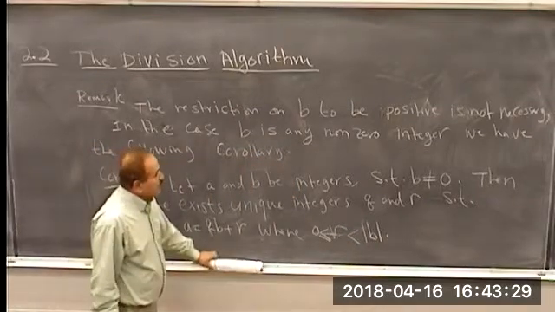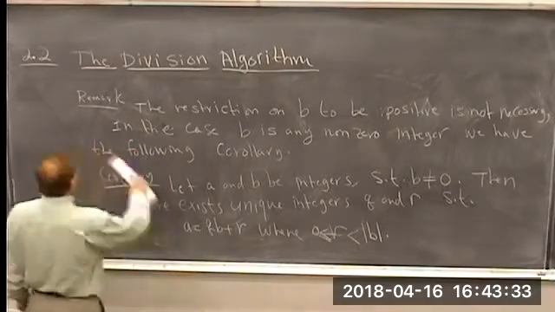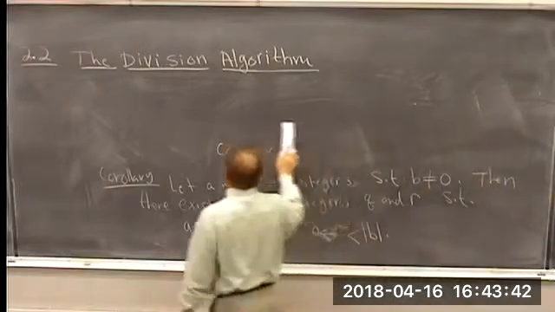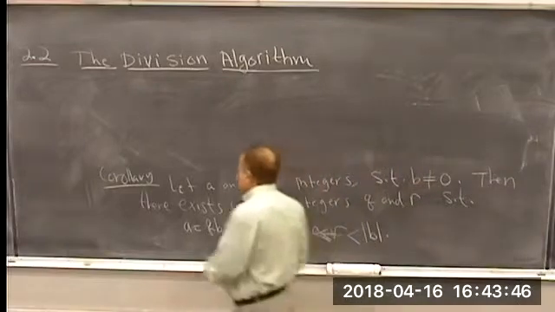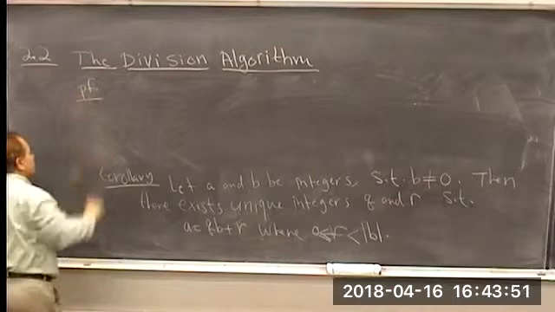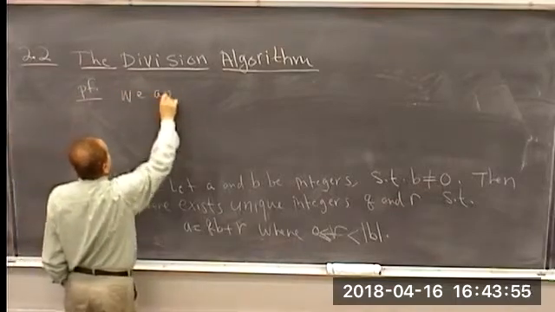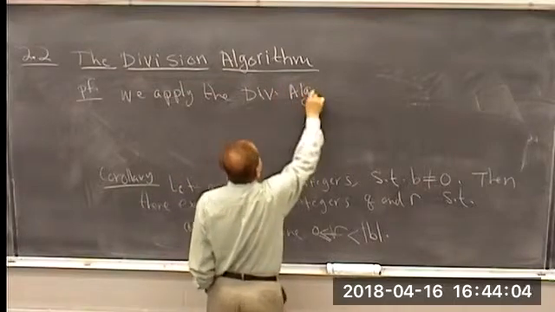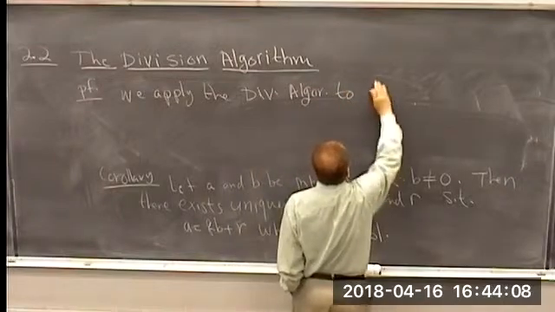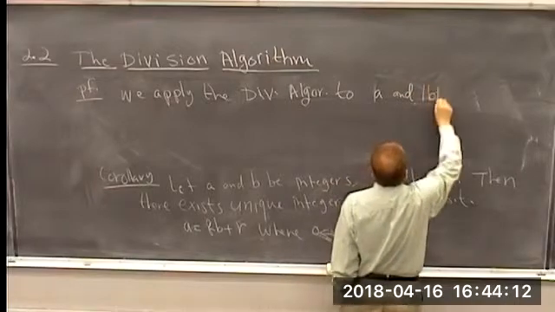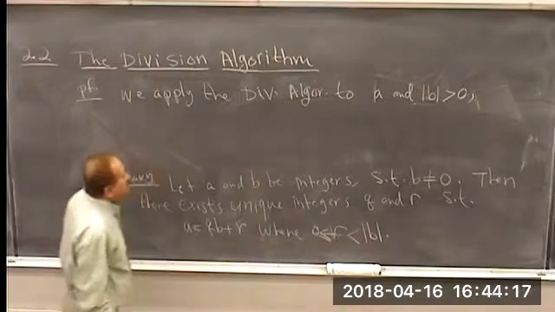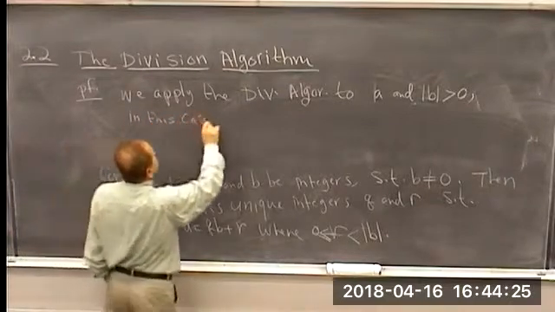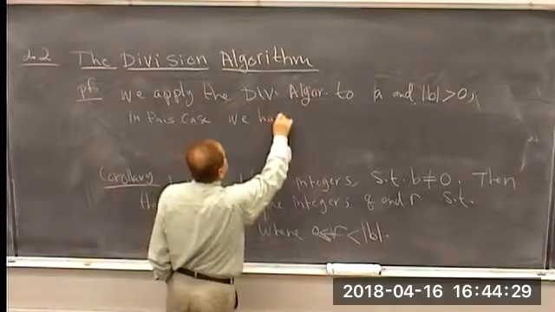Okay? All right, to prove this, we're going to apply the division algorithm to the absolute value of B. So the proof of this: we apply the division algorithm to A and the absolute value of B. So in this case, we have the following.